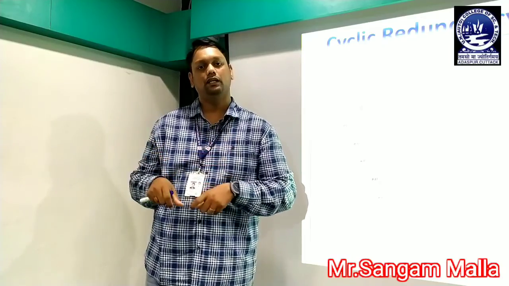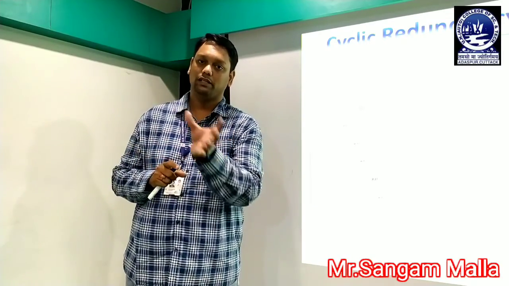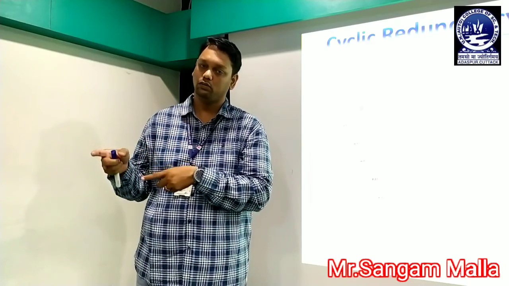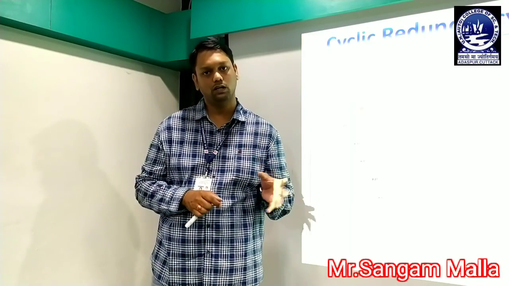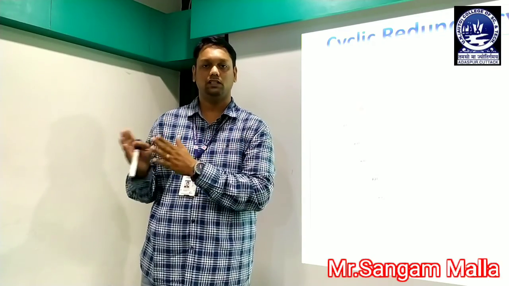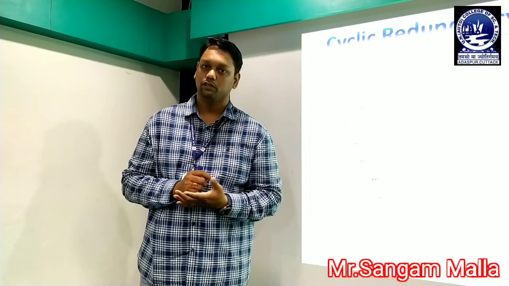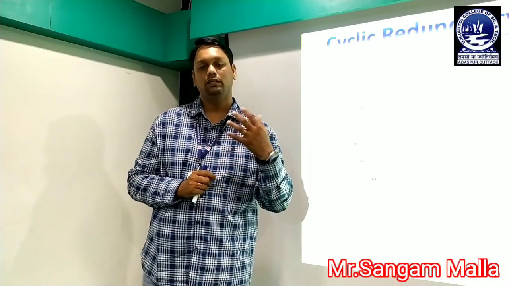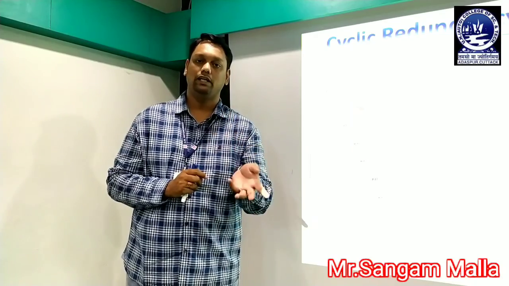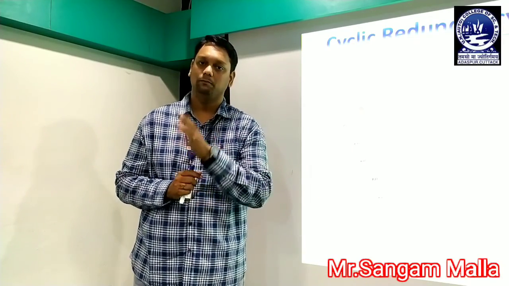Whatever remainder comes, we add it to the original data and send it. Whatever data is sent after adding the remainder to the original data is termed the code word. The code word is received at the receiver side, and then the remainder is eliminated and the original data gets extracted. In this way, we can consider the error detecting types: parity bit, two-dimensional parity bit, and cyclic redundancy check.